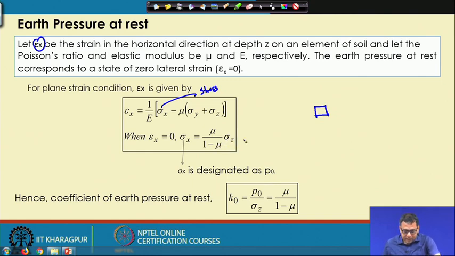This is the way we can determine the earth pressure coefficient. So sigma x by sigma z is equal to mu over 1 minus mu, where sigma x will be the earth pressure at rest.